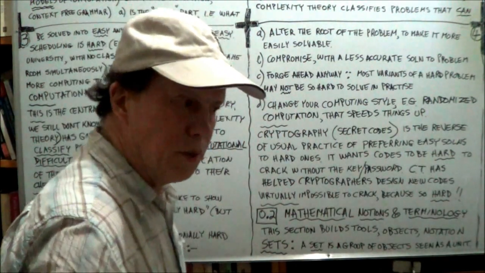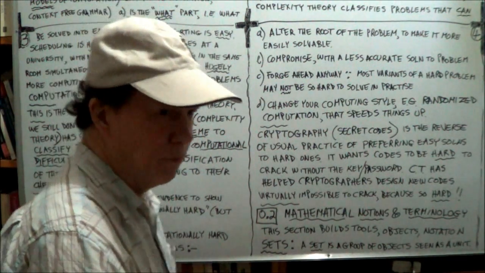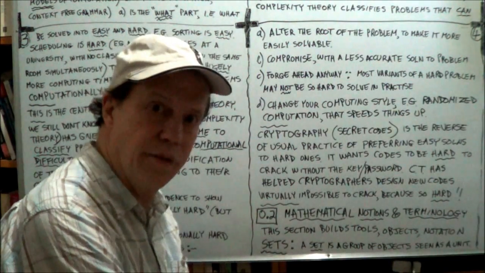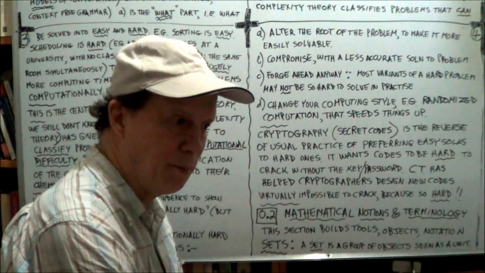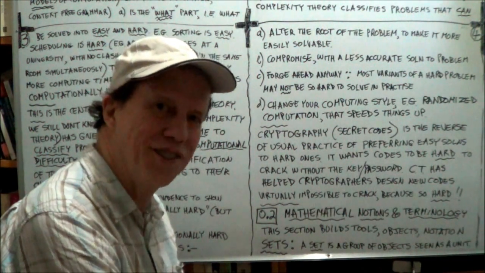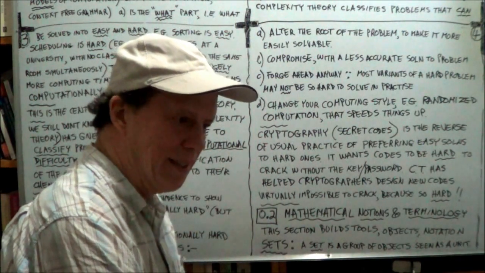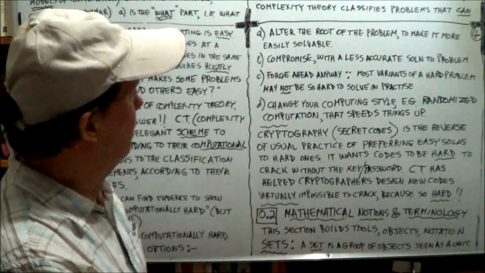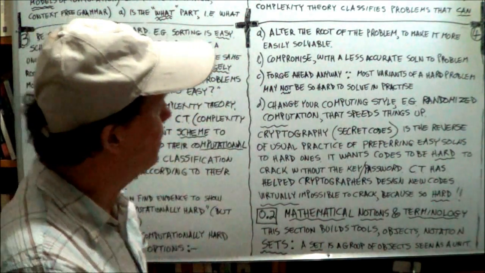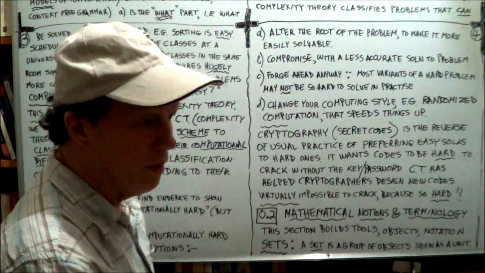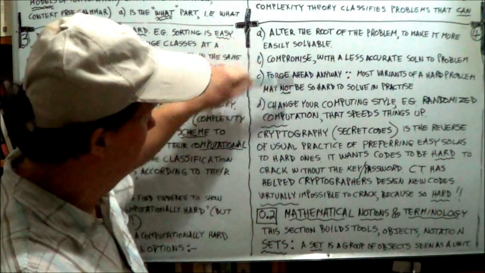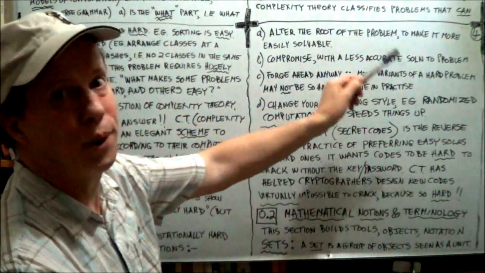So, what do you do when you're confronted with a difficult problem? Do you just give up? Do you just accept that it's going to take a zillion years to solve? What are your options? What can you do? Here are 4 suggestions the text gives, and why does the author talk about this? What's the point?